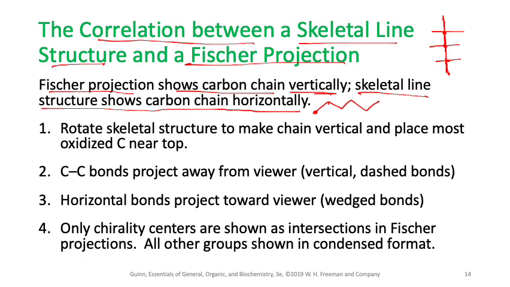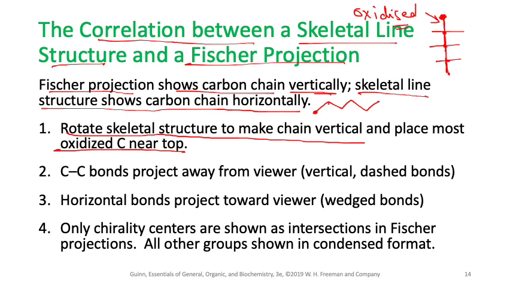So there are a couple of things that you need to know in the Fisher projection. First, rotate the skeleton structure to make the carbon chain vertical and place the most oxidized carbon near the top. So whenever you're making a Fisher projection, whatever carbon is more oxidized, you have to put on the top. So this carbon has to be the more oxidized carbon, right?